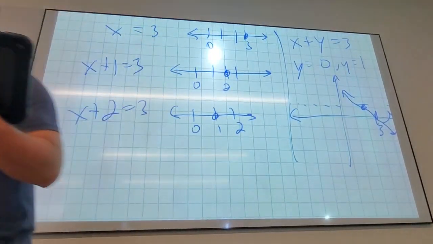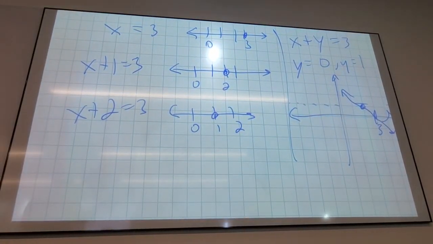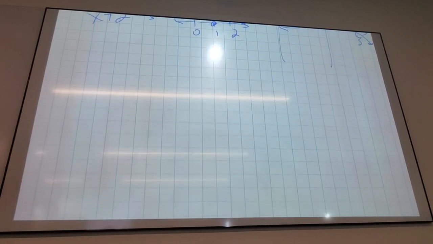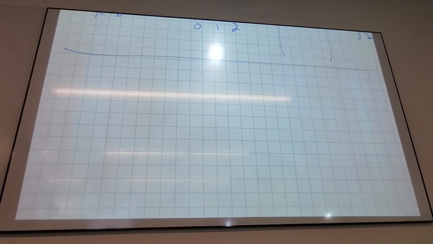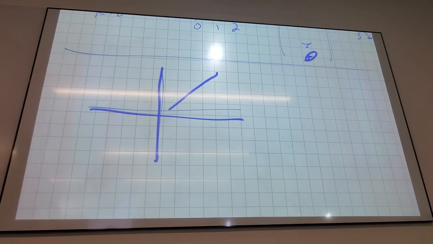So stepping back a bit. If I have a point in 3 dimensions, so this will be the x-axis, the y-axis, and the z-axis.